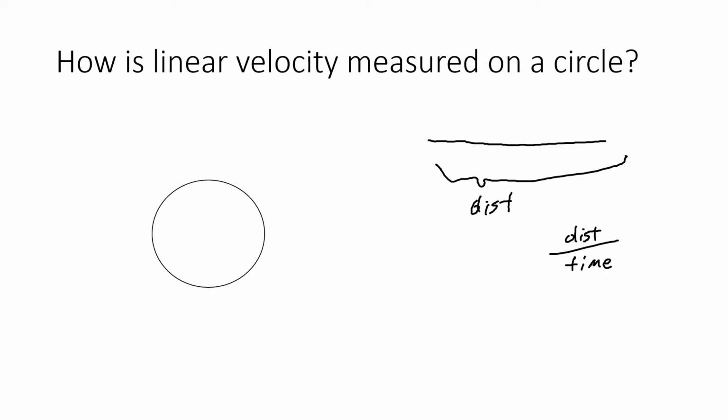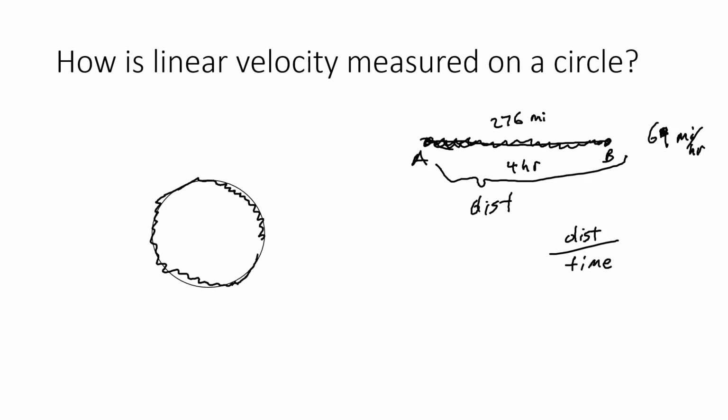In the example that we just looked at, if we traveled along that straight path from point A to point B, or city A to city B, and it was 276 miles, and it took us 4 hours to do it, well, we know that 69 miles per hour is how fast we went. But what about if we were talking about traveling in a circular path?